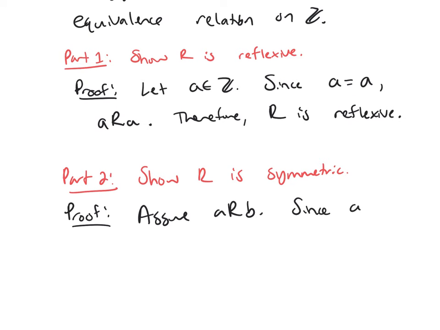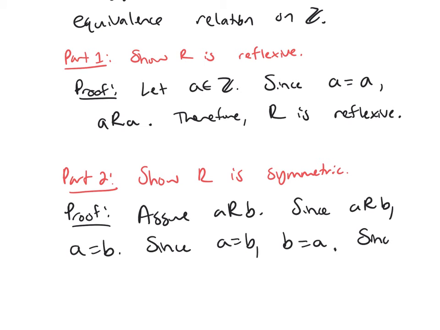Since A is related to B, we know A equals B. But since A equals B, we also know B equals A. So, therefore, B is related to A and R is symmetric.